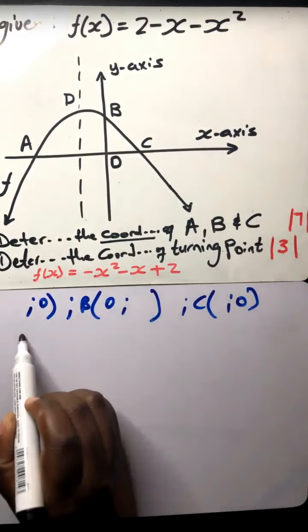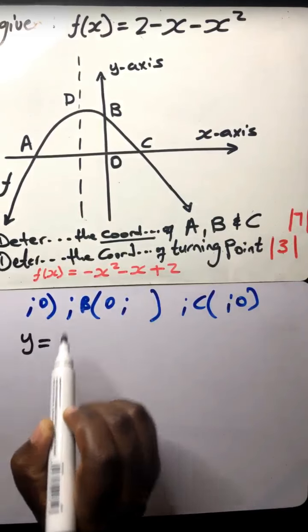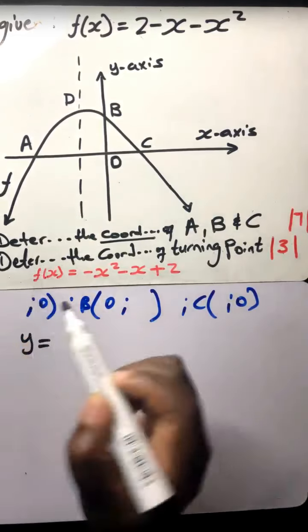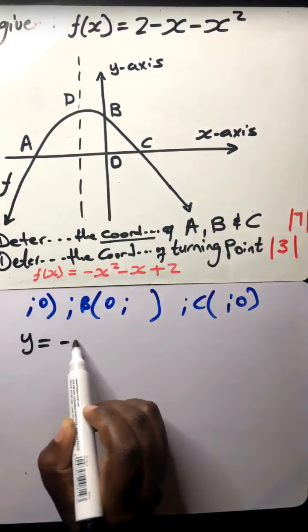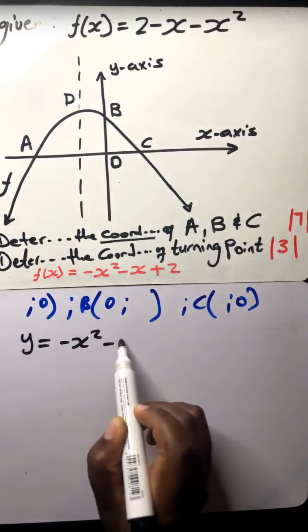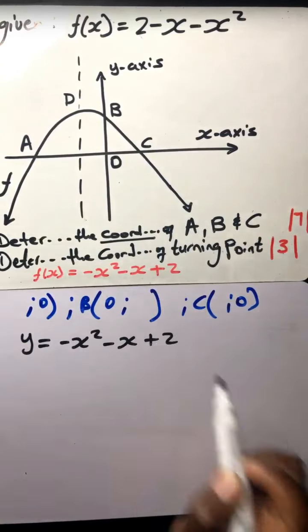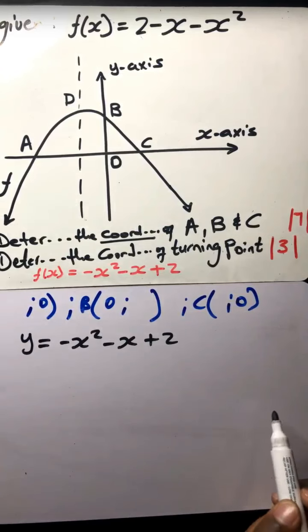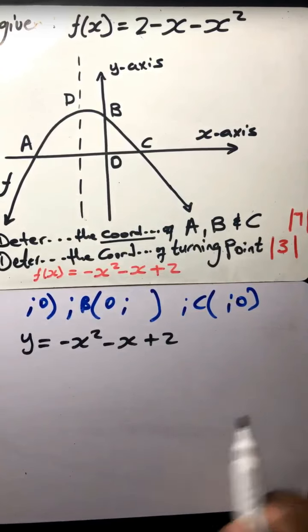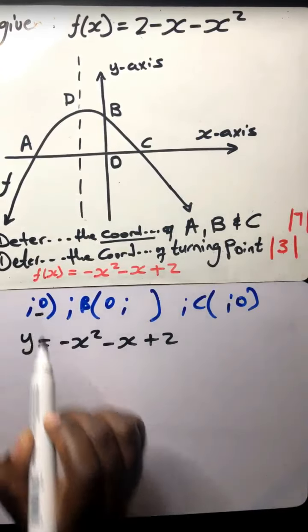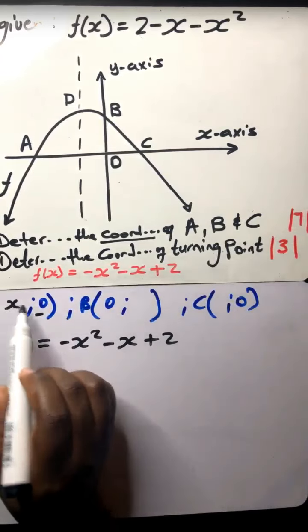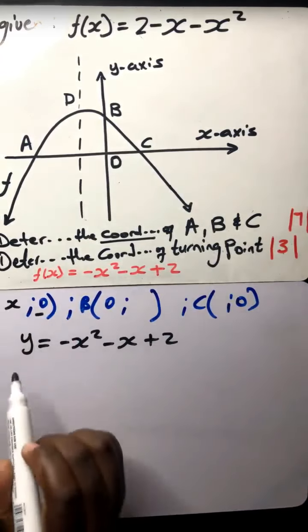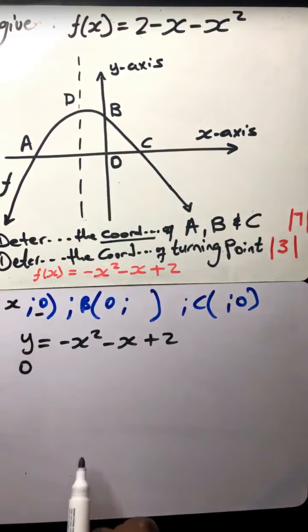So this is how you do it. We say y. Remember, f of x is y, guys. So y is equal to negative x squared minus x plus 2. You are saying y is 0 and x is unknown. So I'm going to substitute 0 there.